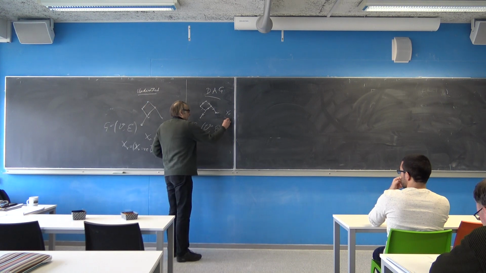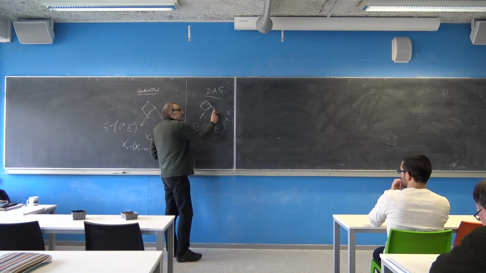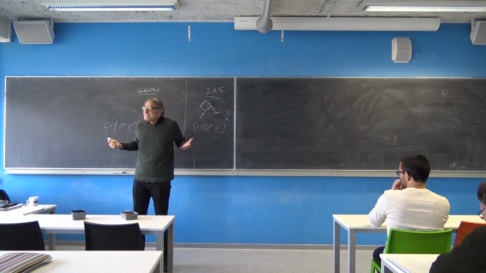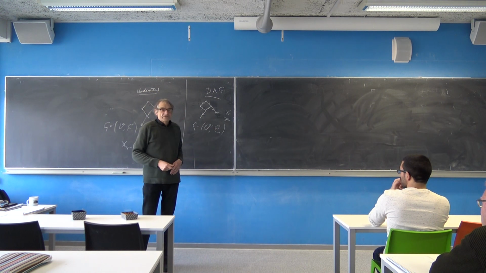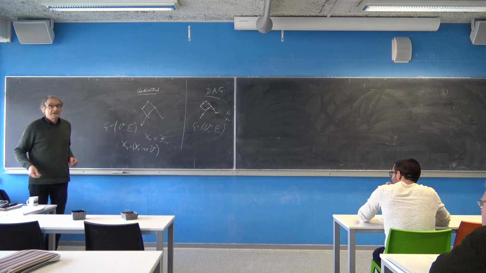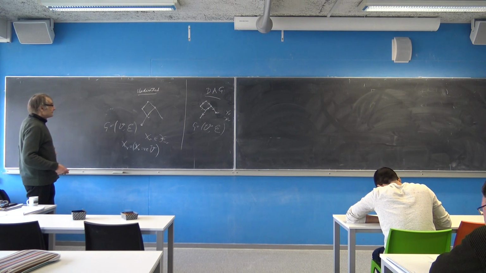So for instance, we say that the random variable X_v takes values yes and no, or 0, 1, or 1 up to 20, or is continuous, or something fancy, some fancy space.